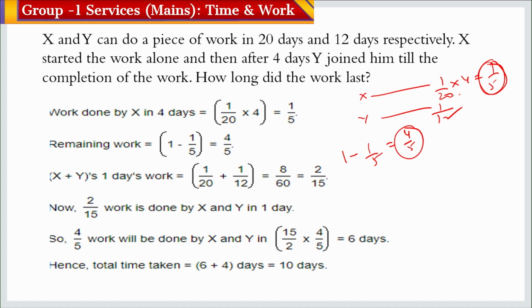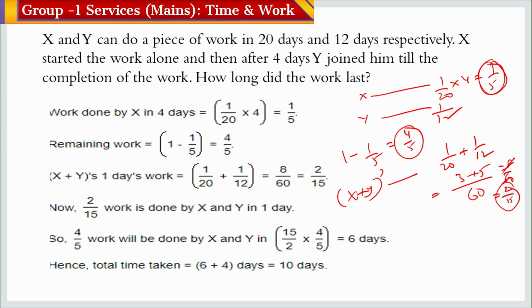Okay. X is done in 1 by 20. So, X plus Y working together, what is that? 1 by 20 plus 1 by 12. LCM is 60. This is 3 plus 5, 8 by 60 or 2 by 15, correct. X plus Y's 1 day's work is 2 by 15, correct.